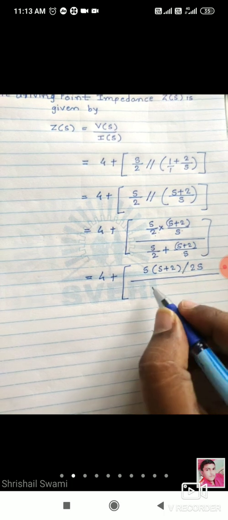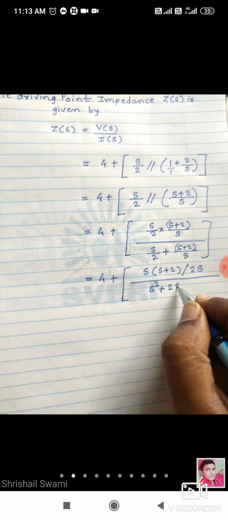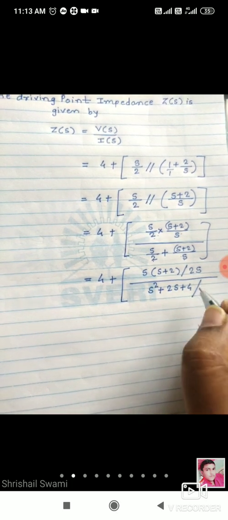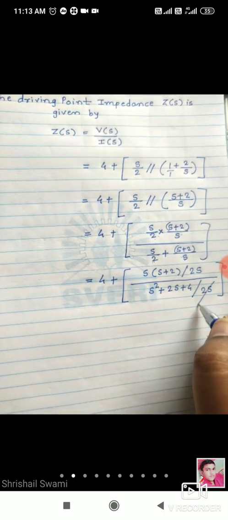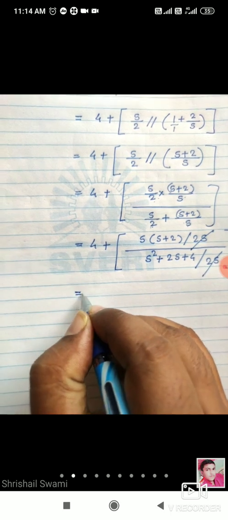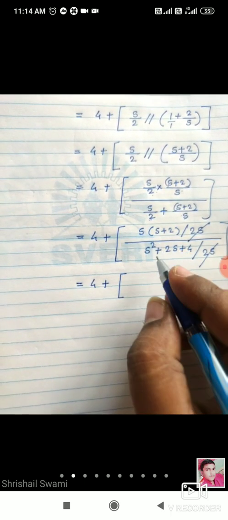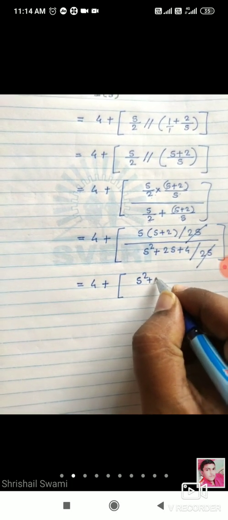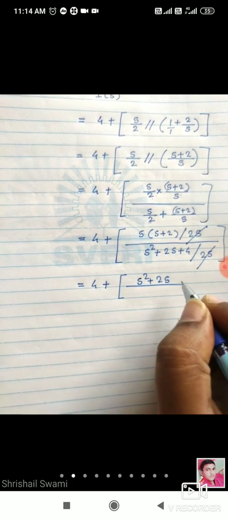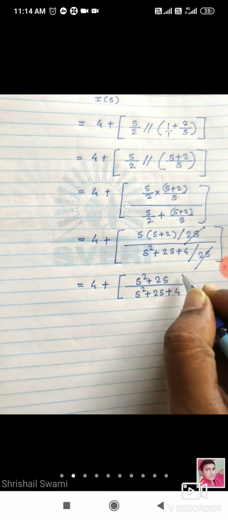So S into S, that is S square, plus 2 into this, that is 2S plus 4, divided by S into 2, that is 2S. So 2S and 2S will get cancelled here. Now next, 4 plus, solve the bracket properly. S into S plus 2, that is S square plus 2S, divided by this denominator as it is, S square plus 2S plus 4.